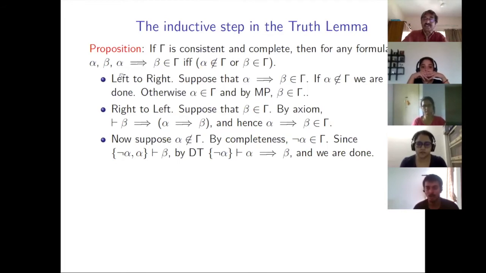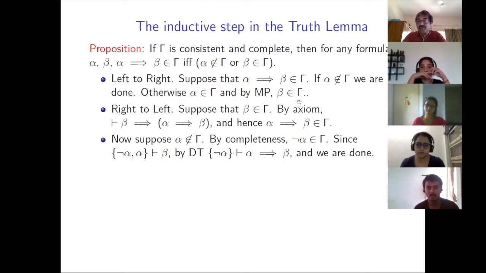How do you prove this for a consistent and complete set? Well, first, suppose alpha implies beta belongs to gamma. Now, if alpha does not belong to gamma, we are through. Otherwise, alpha belongs to gamma. Now, alpha implies beta belongs to gamma and alpha belongs to gamma. That means gamma derives alpha implies beta, and gamma derives alpha.